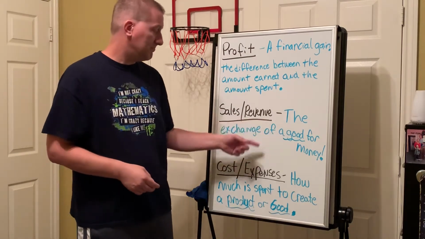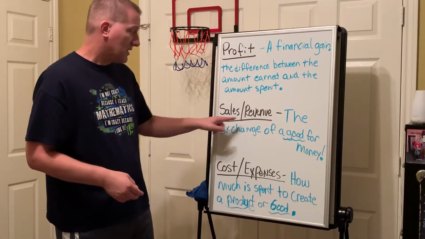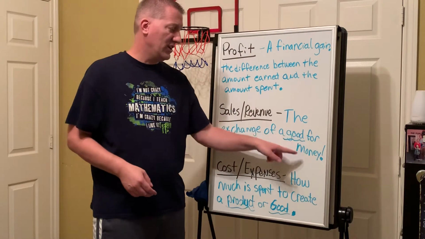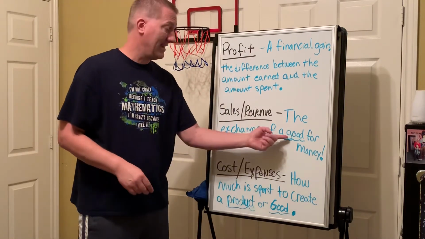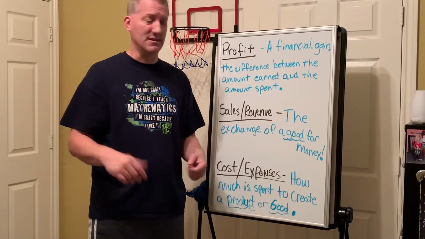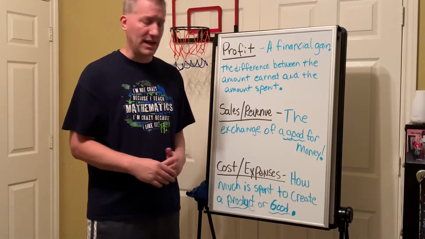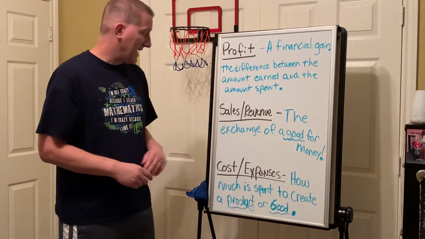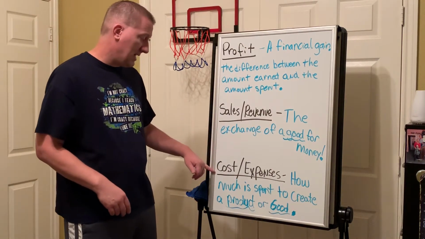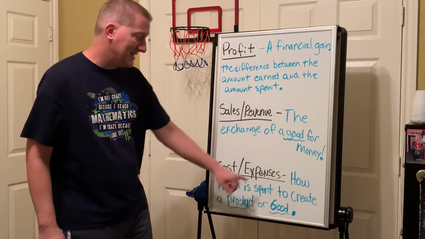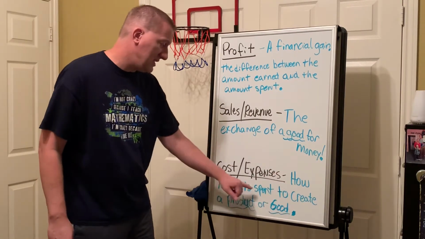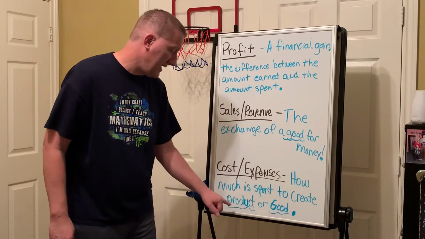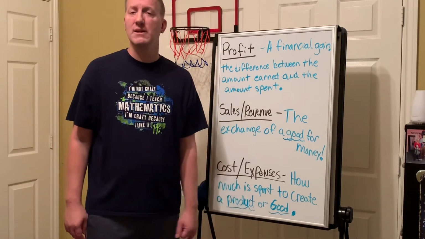So sales or revenue is the exchange of a good for money, and a good is the bananas, the milk, the bread. Those are the goods. Cost or expenses are how much is spent to create a product or good.